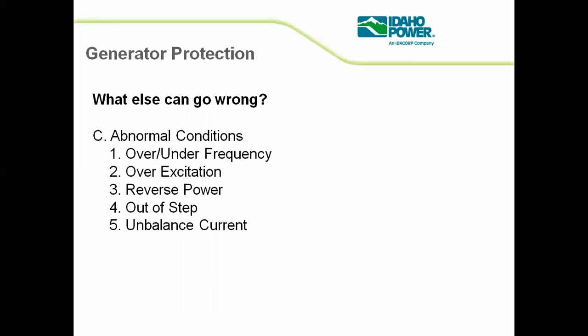In addition to stator winding damage or rotor winding damage, there are certain abnormal conditions that also occur in a generator. Sometimes over and under frequency will occur, over excitation will occur, reverse power will occur, out of step or unbalanced current.